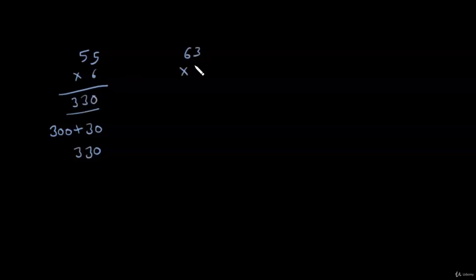Consider 63 times 7. 7 multiplied by 6 is 42, but this is not 6, this is 60. So 7 times 60 is 420, plus 7 times 3 is 21. So this becomes 441.